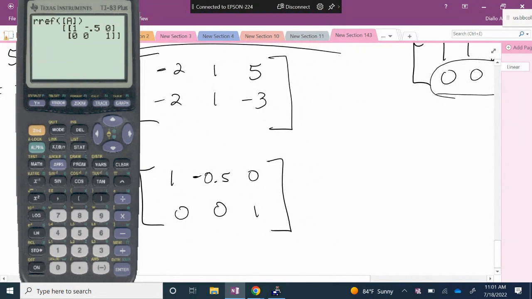So for that first row, that's actually an equation, and it is read as x minus 1/2 y is equal to 0. So that's neither solve for x nor y. But if we look at the last row, it's not all zeros. If it were all zeros, it would be an all real numbers solution.